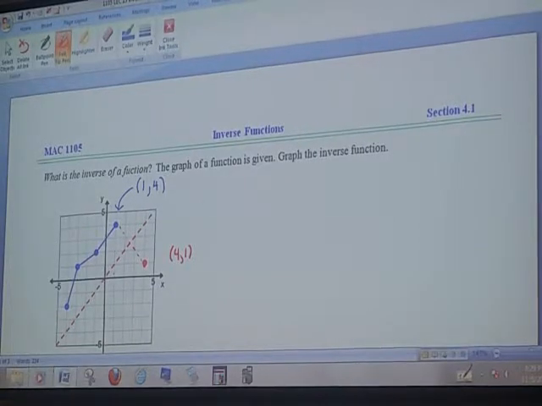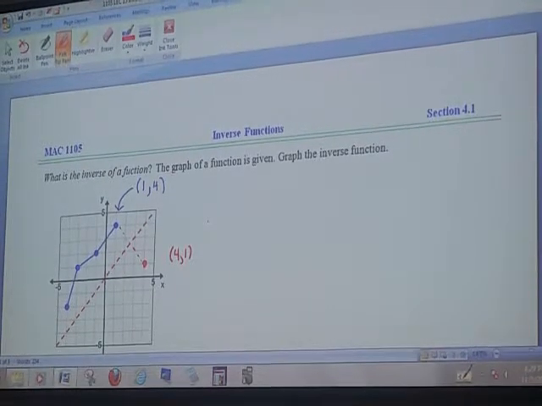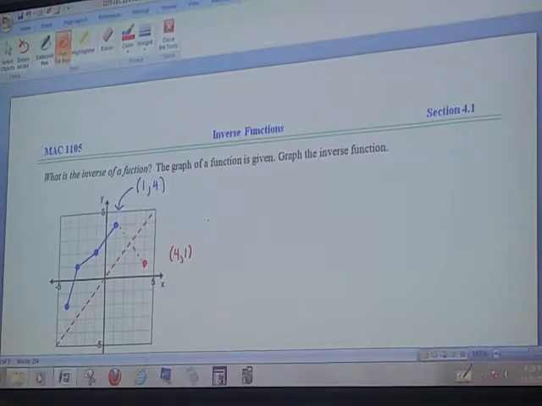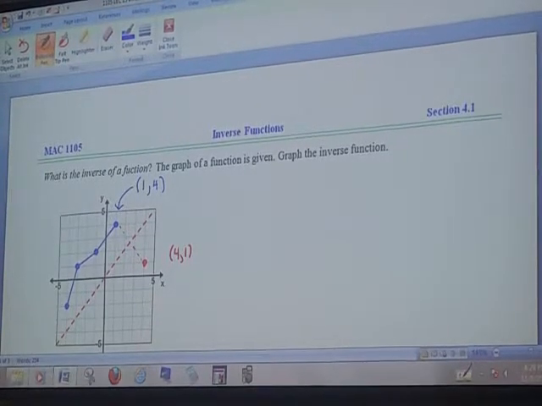In other words, if you were to fold this paper, if you were to ink that blue line out and crease the paper on the dotted line and then open it back up, what would be traced out on the other side of the line? That's the inverse. So when I have something like this, I can do this point by point. I can say, okay, this one is (-1, 2).